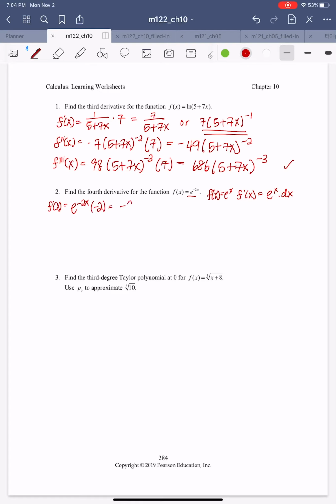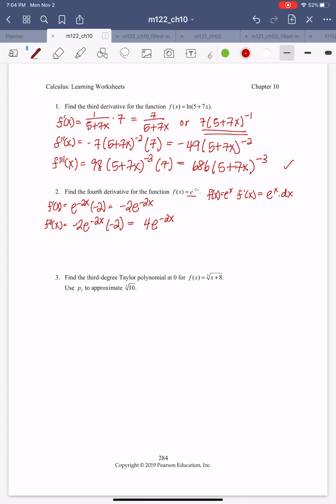So negative 2 times e to the negative 2x. Second derivative: negative 2, e to the negative 2x, and then our exponent derivative, negative 2 again, so it's going to make 4 e to the negative 2x. Okay.